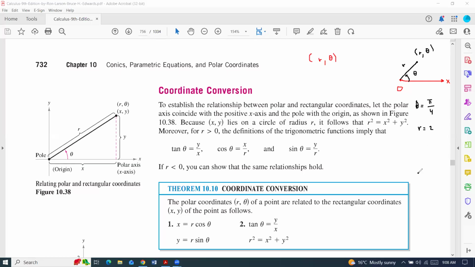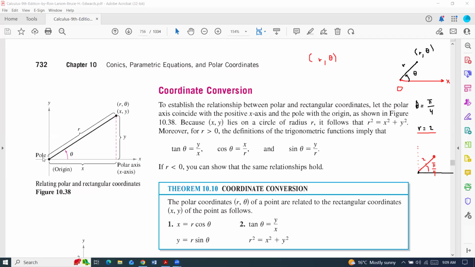So if you try to make a picture of that point, you of course get the distance 2, but first you put the angle measured pi over 4. So 45 degrees, and 2 for r.